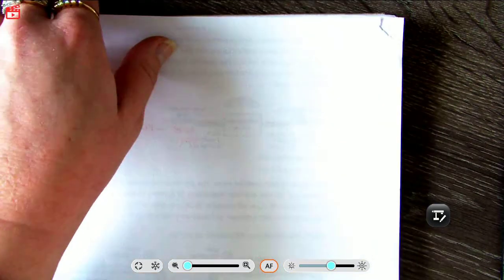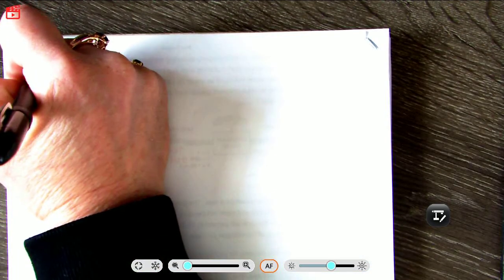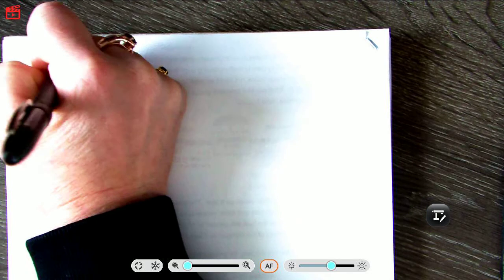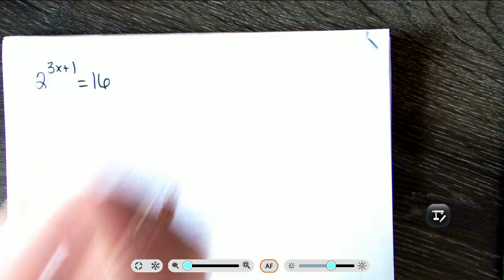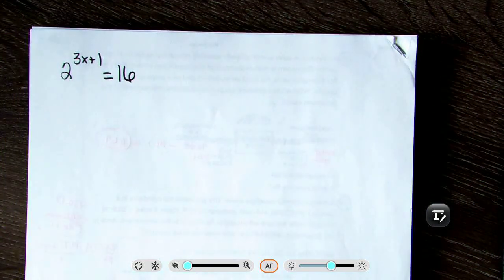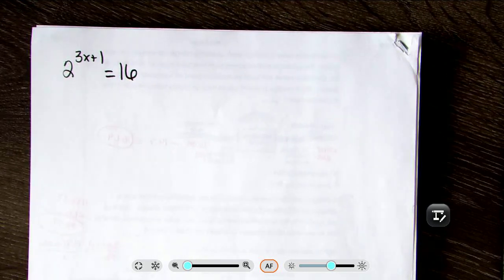All right, let's do another problem. We'll do this one. 2 to the 3x plus 1 is equal to 16. All right, 16.